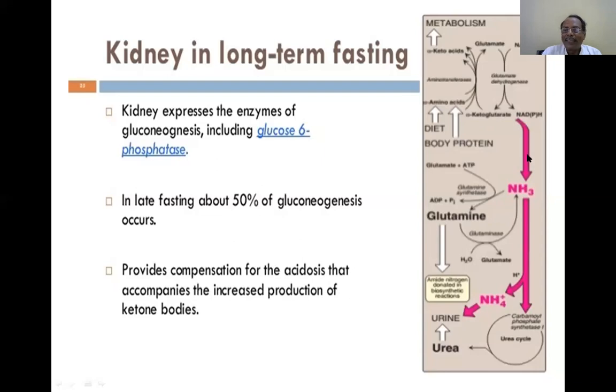Initially glutamate is produced, and with further ammonia addition, glutamine is produced. Some ammonia is directly excreted into the urine, and with the help of hydrogen ion, ammonia becomes ammonium and is excreted into the urine. So some ammonia is thrown out through the urine, and some is buffered into glutamine. This is another adaptation.